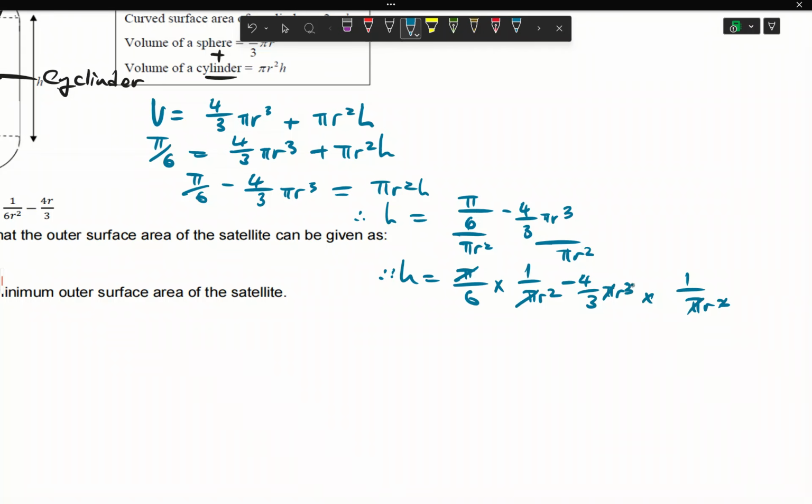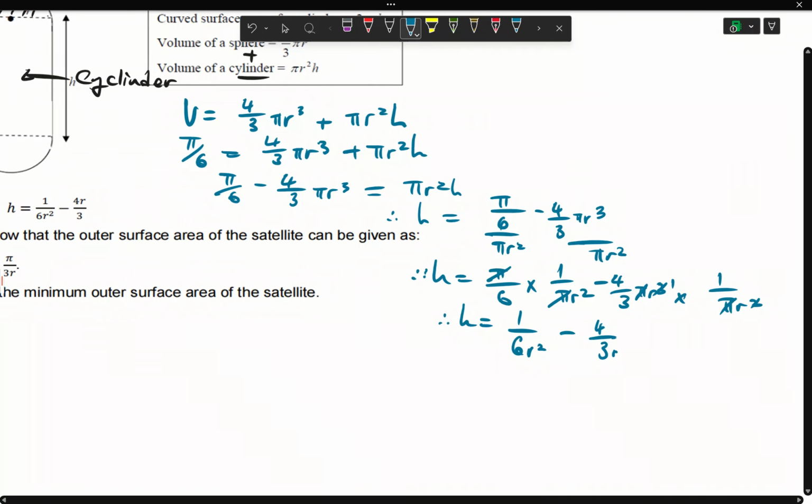From 3 remove 2, you'll be left with 1, so that part you don't have there. Therefore h is 1 all over 6 r squared minus 4 all over 3 into the radius there. So multiply by r there.